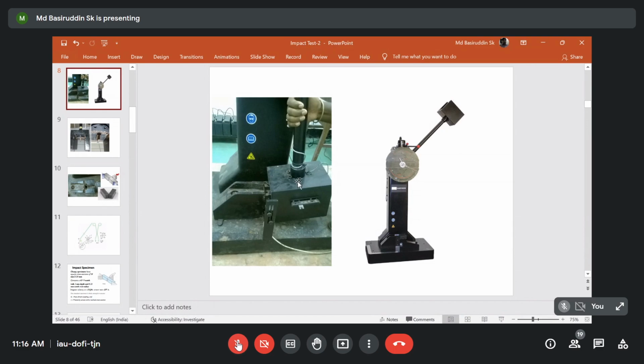That depends on the material's impact resistivity, meaning how much the material resists the impact deformation. That will influence the velocity or movement of this particular hammer, and that can be measured by the electrical signal that passes through this wire and is recorded on the computer. So there must be a certain attachment that helps to record this data.